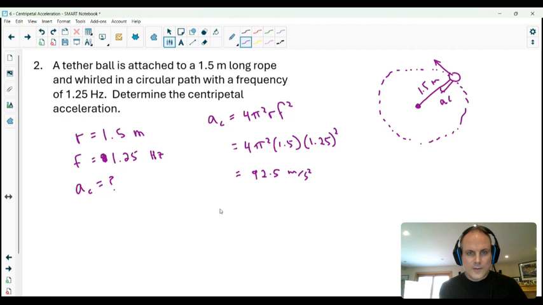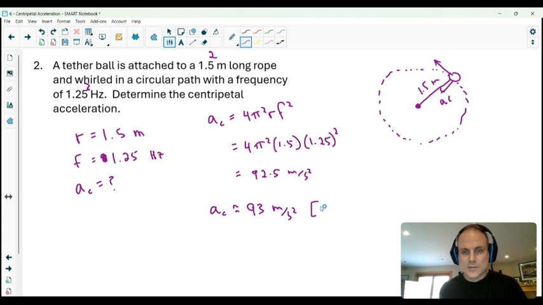I'm going to want to round that off though. So we'll say, okay, my centripetal acceleration, when I round that off, looks like I got 2 significant digits here and I got 3 here. So I'm going to round it off to 2 sig figs. So that's going to be 93 meters per second squared. Now this does ask for the centripetal acceleration, right? If it just asks for the magnitude, then I would leave it as this, but it also asks for the direction because it just says centripetal acceleration.